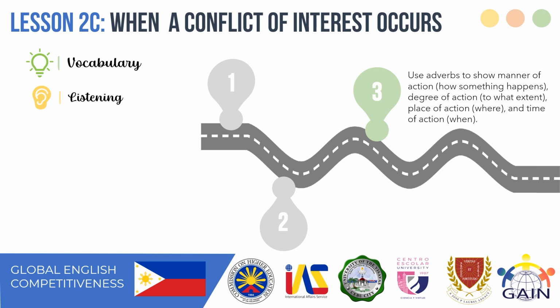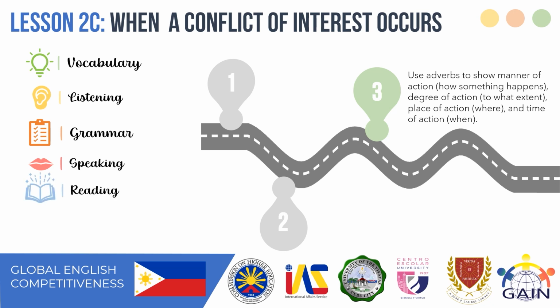Then we discussed the future perfect tense. You practiced your communication skills while using the future perfect tense. We also read an essay focused on the occurrence of conflict of interest. And finally, you wrote an essay on your personal experience, lessons, and suggested strategies in managing conflicts of interest.